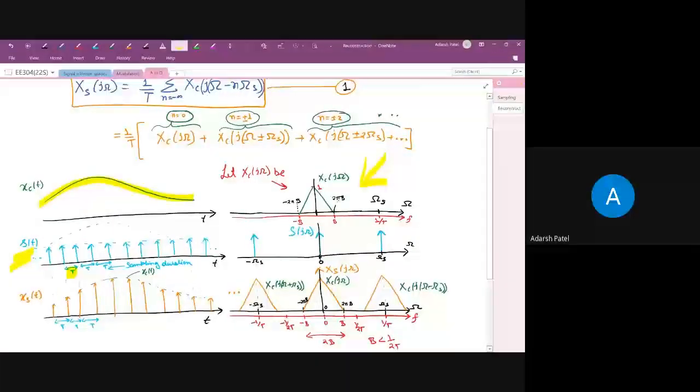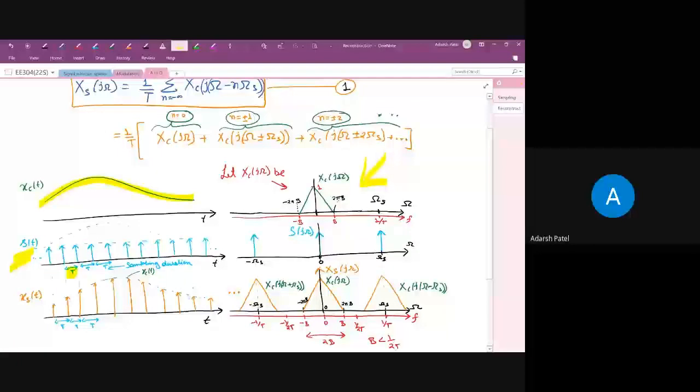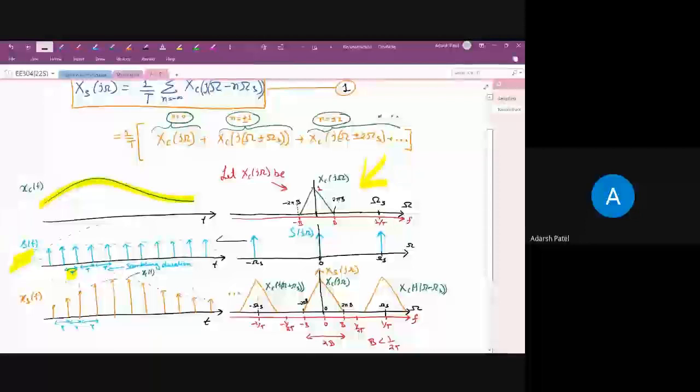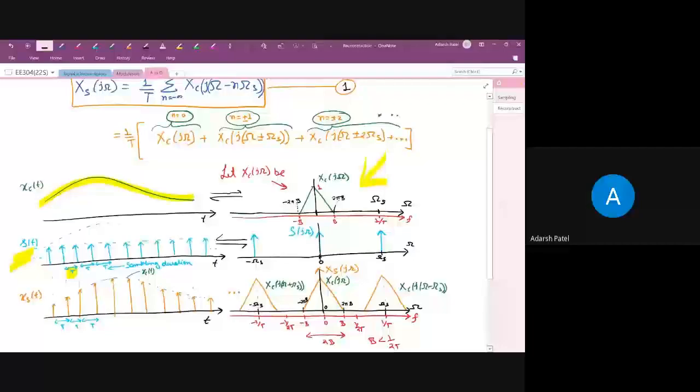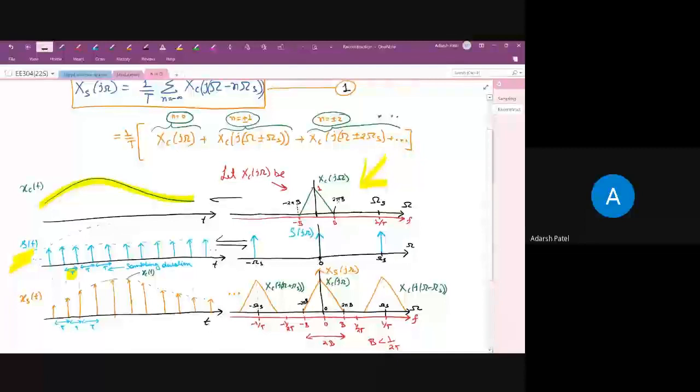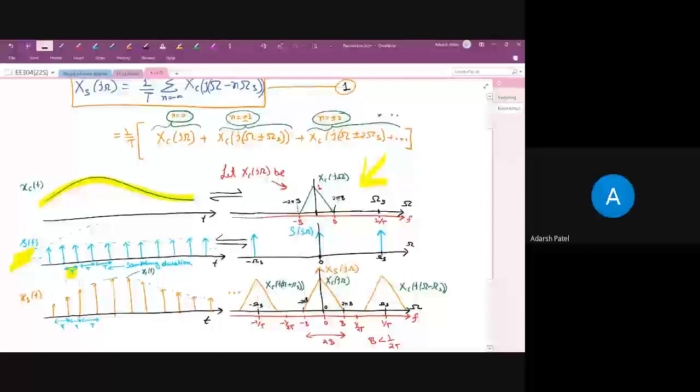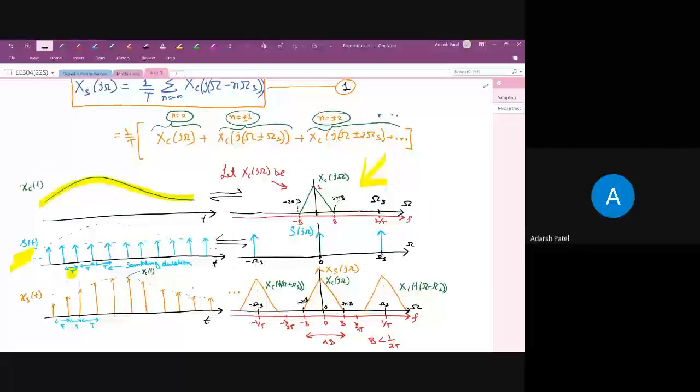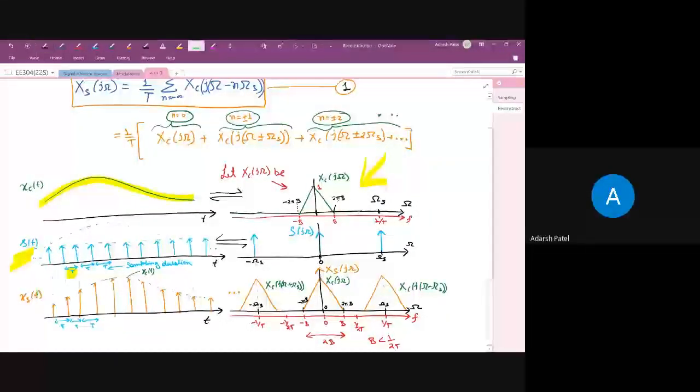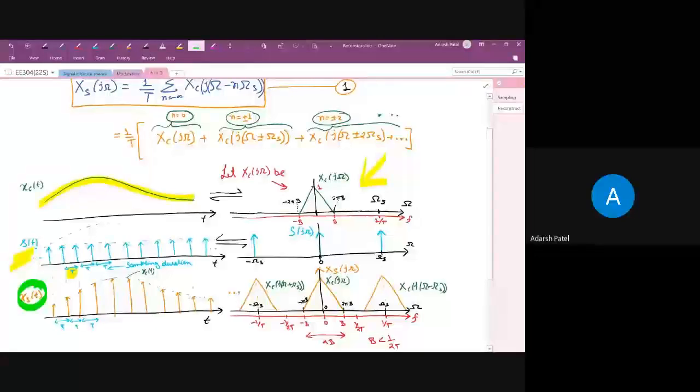Similarly, we knew that the equivalent frequency domain representation of this impulse train is another impulse train with period omega_s. Now what we wanted was to have this sampled signal in frequency domain.